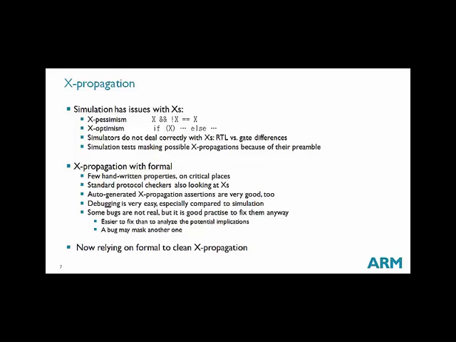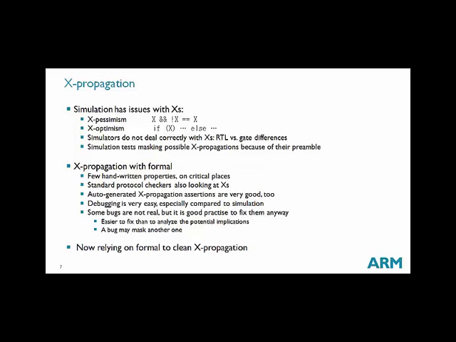So usually we can say that we cannot trust our simulators when we are in presence of X's. And this is especially true when we want to compare an RTL and the gate design, because at gate level X's are propagating, whereas at RTL level the simulator will block the X's at some point.